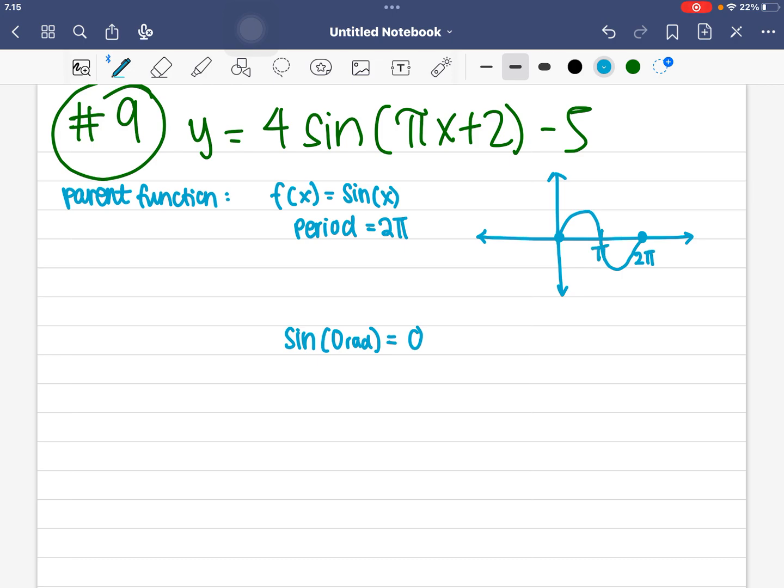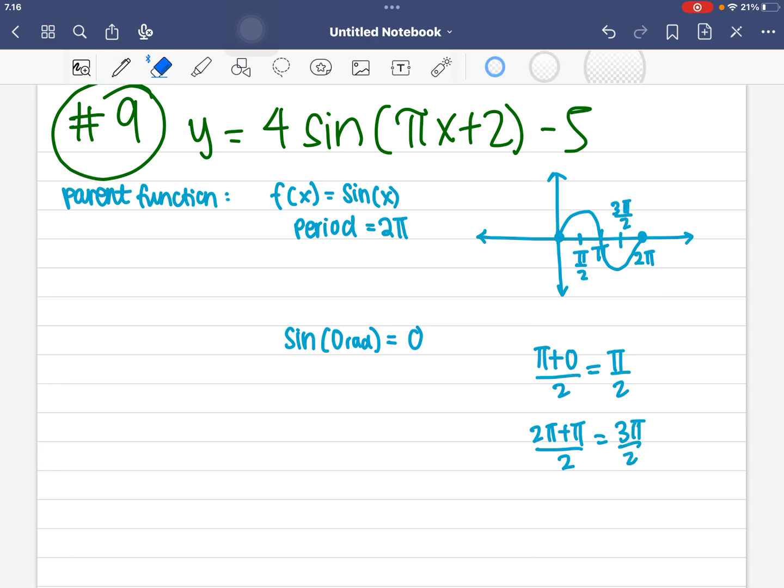And then the middle of this here, basically again, midpoint, right? Pi plus 0 divided by 2 is pi over 2. And then the middle of 2 pi and pi, you just add them, then divide by 2 again. And that's 3 pi over 2. So that's the parent function. So that's the idea there, right?